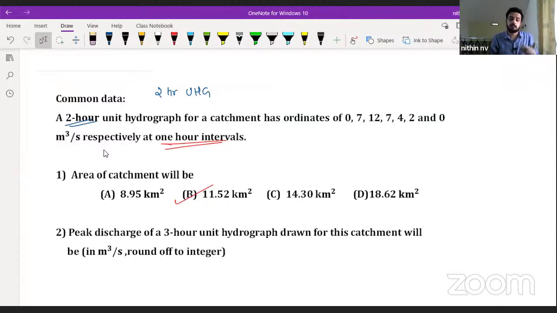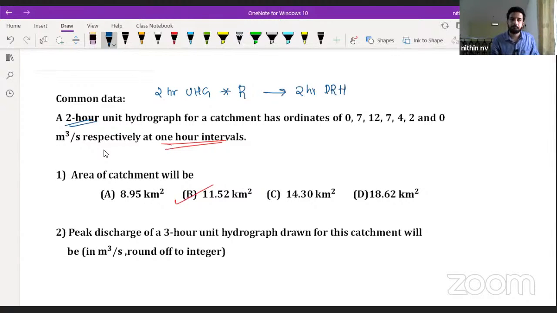If they are asking what is the 2-hour DRH, direct runoff hydrograph, with a particular runoff value, maybe 10 centimeter, then how can we calculate this ordinate? 0 into 10, 0; 7 into 10, 70; 12 into 10, 120. Like that, we can calculate the ordinates of a 2-hour direct runoff hydrograph. Understood? We can simply multiply each ordinate with the runoff value to obtain the same duration, 2-hour DRH.